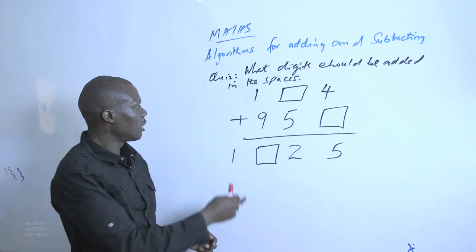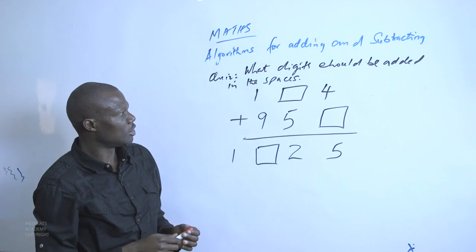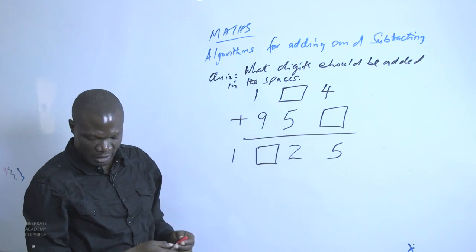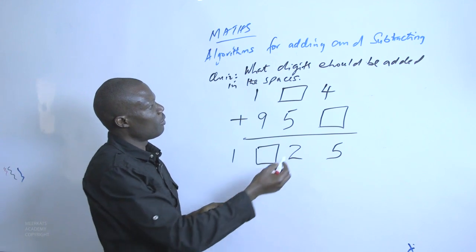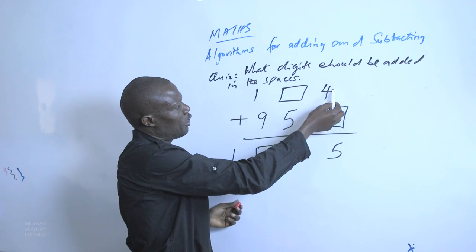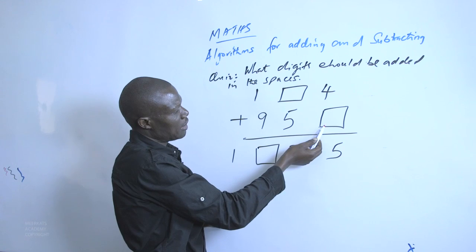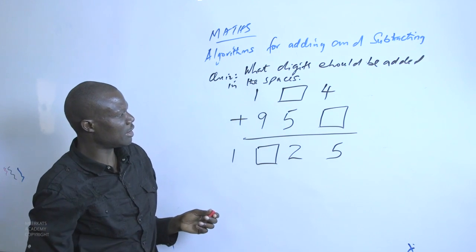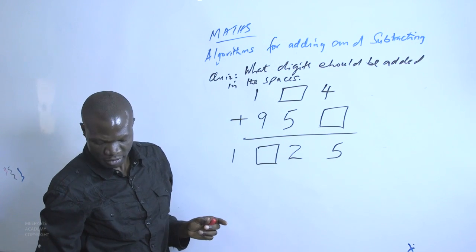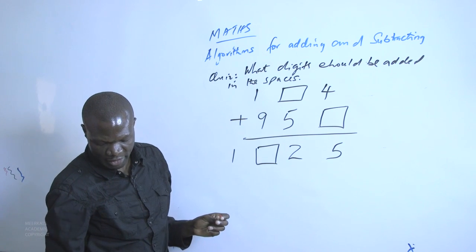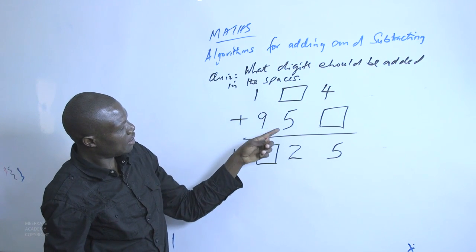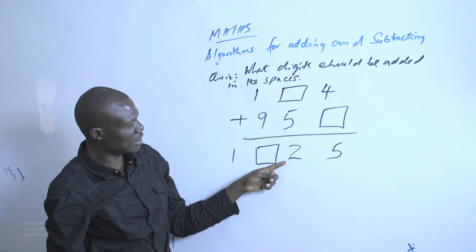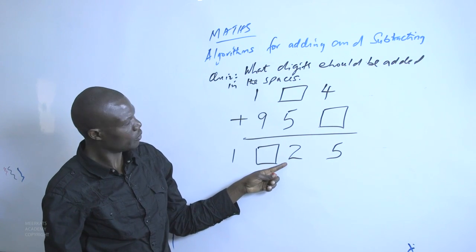Take note that we are adding. Looking at the first part, we find that 4 plus a blank will give us a 5. And then dash plus 5 gives us a 2.